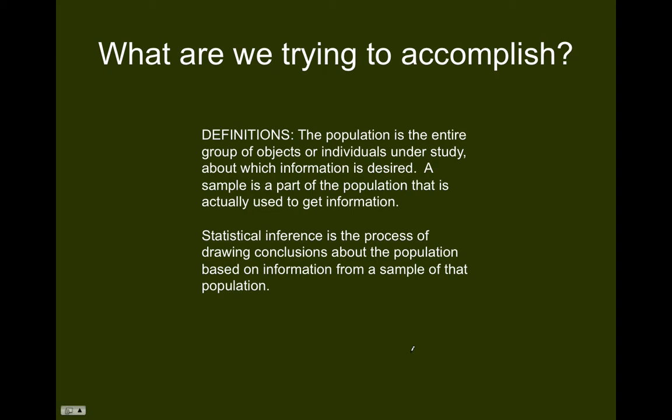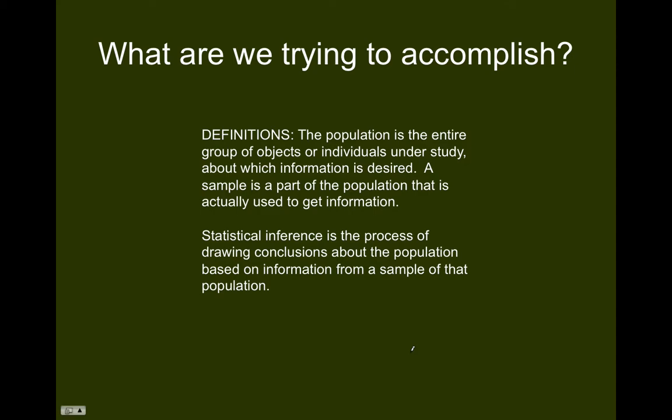So what are we trying to accomplish? Well, first of all, let's start off with a definition. The population is the entire group of objects or individuals under study about which information is desired. A sample is part of the population that is actually used to get information. So in statistics, what we're really trying to accomplish is to learn something about a population.